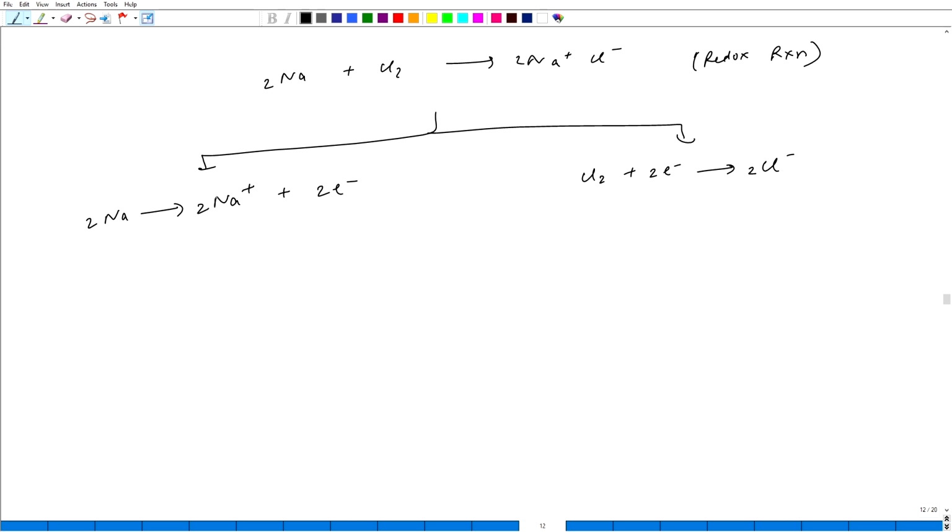So, the left hand part is the oxidation part and this is the reduction part. What I have done is split the complete reaction into two halves, one is the oxidation part, another is the reduction part. In science terminology, we term these half cells.